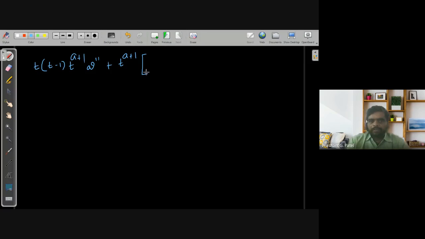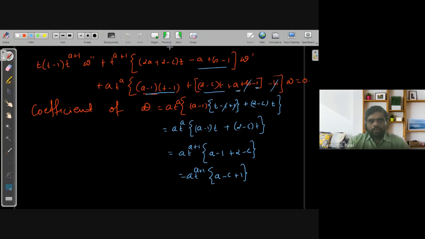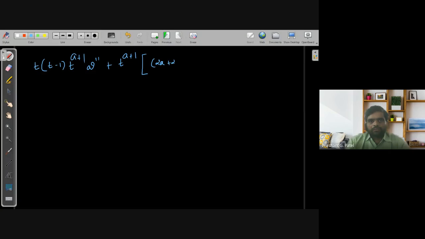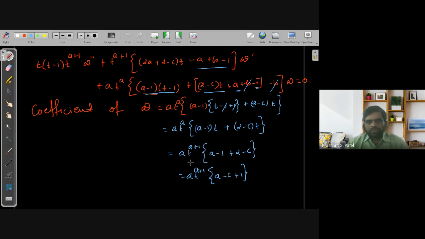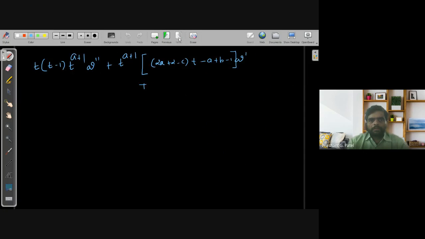Inside the bracket we'll have 2a plus 2 minus c into t minus a plus b minus 1 into w dash, plus the coefficient is now changed to a into t power a plus 1 inside the bracket a minus c plus 1 into w equal to 0.